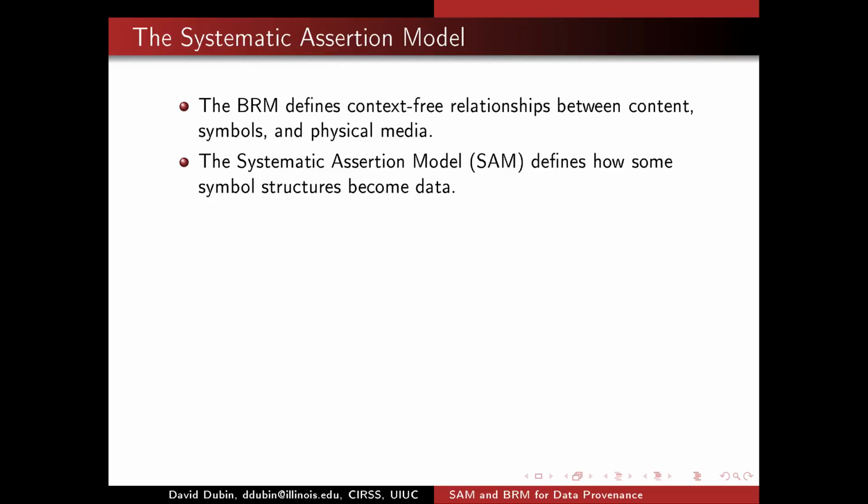So what we're talking about is how some symbol structures become data and how some propositions become data content. Remember that these abstract particulars are immutable, but they acquire contingent properties, like the property of being data or the property of being data content, in virtue of participating in provenance events in research.